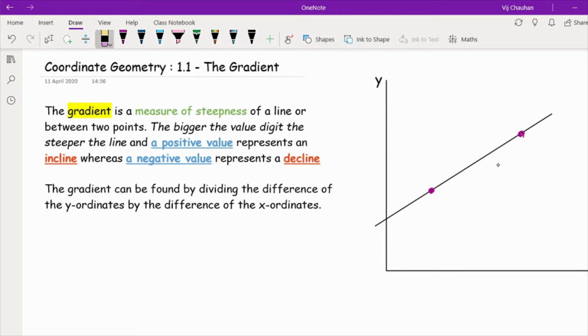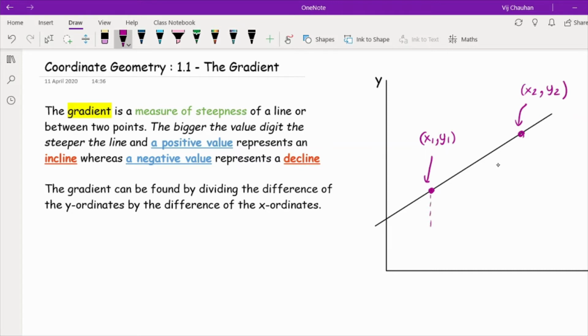So if I take those two coordinates, now we don't know what those two coordinates are, and like I said, if the axes were labelled with numbers, then I could easily work out the gradient by using the method I've just shown. So let's summarise and say that this point here is represented as x1, y1, and this coordinate here is our second coordinate, so we're just going to simplify and substitute that as x2 and y2.